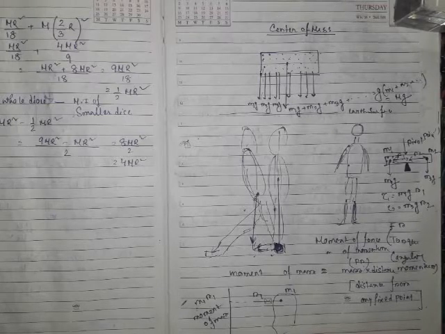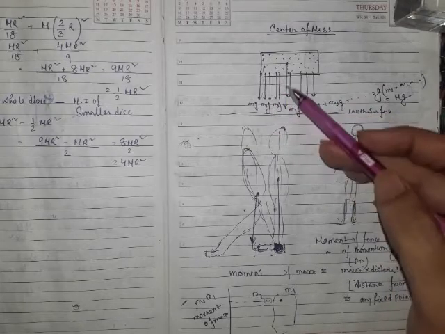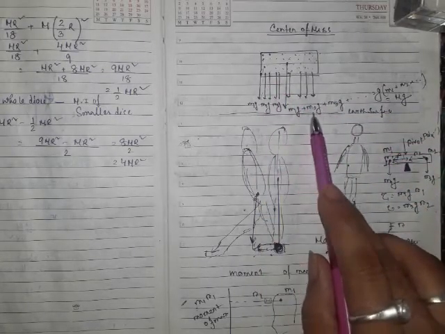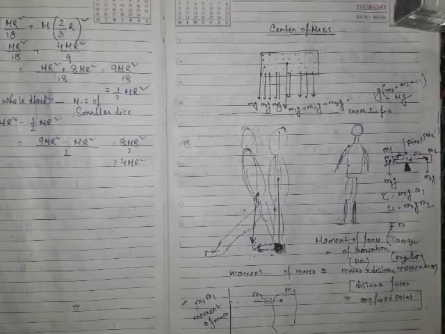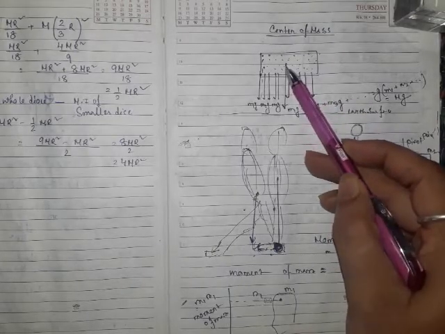So what we actually do is a little bit of a trick. We consider that the total force on this whole object, m1g plus m2g plus m3g and so on, acts from a single point.